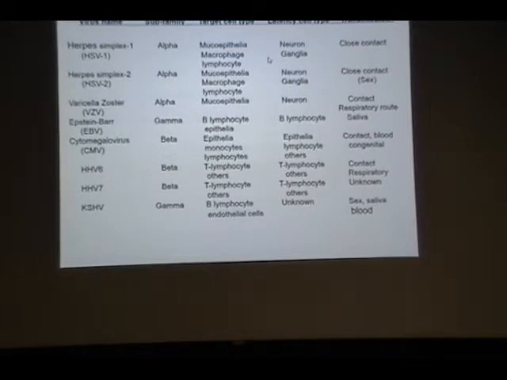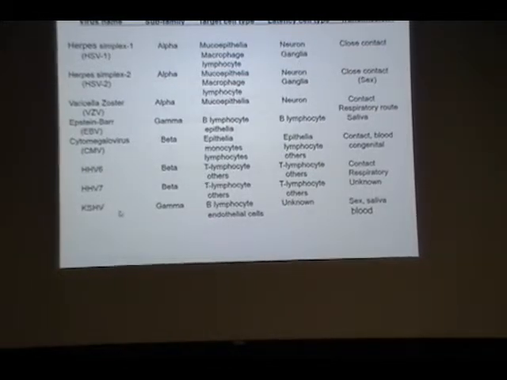Later on, it can also infect neurons, and it is neurotropic. The same thing is true with herpes simplex 2. When it first infects you, it targets the mucosal epithelial cells, and later on it can get into neurons as well.